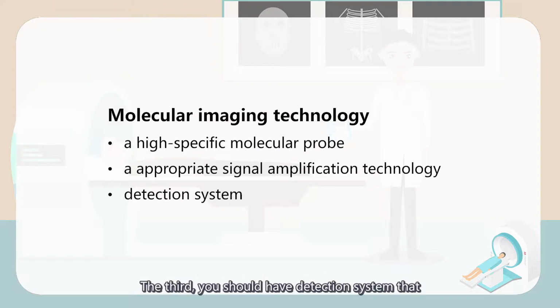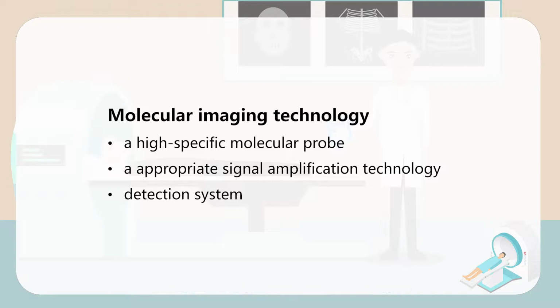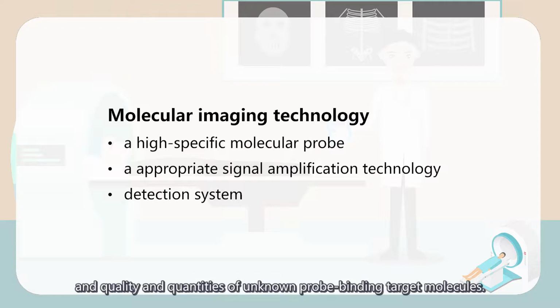The third, you should have a detection system that can sensitively obtain a high resolution image. This image shows where the probe is and the quality and quantity of the probe binding target molecules.